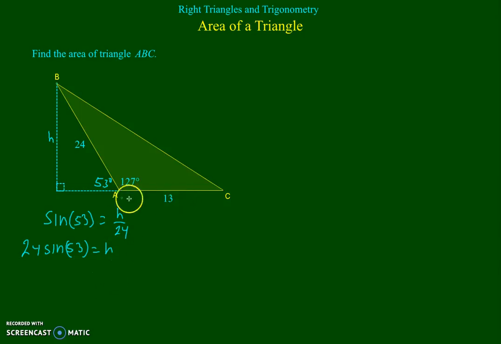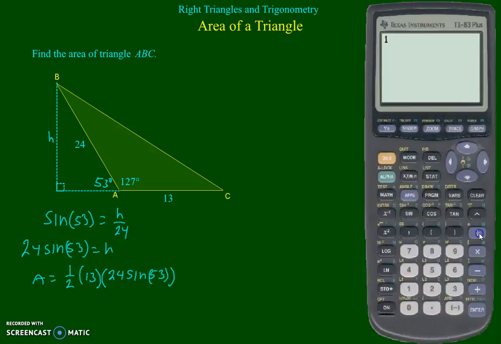Now we know the base, so the area of this triangle is 1/2 base times height. This is the base, 13, and the height is this, 24 sine 53. And we would just put this in the calculator.